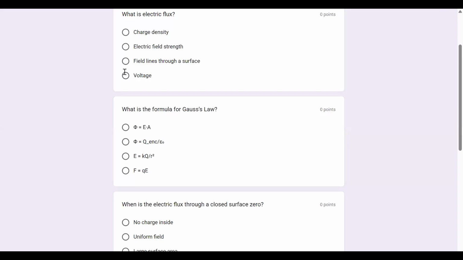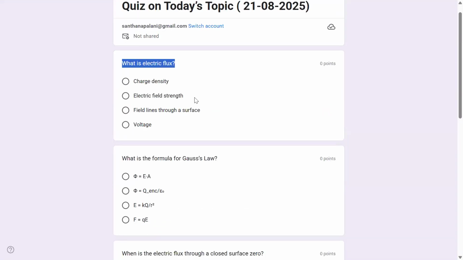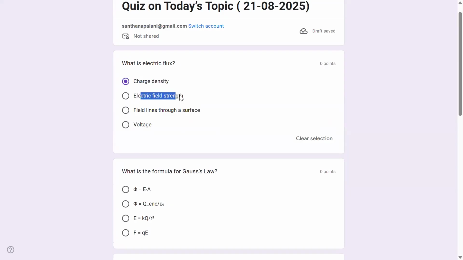First question: what is electric flux? Charge density, electric field strength, field lines through the surface, or voltage?